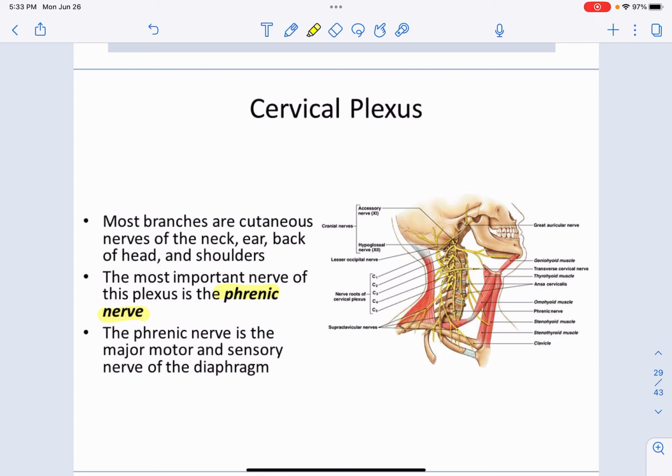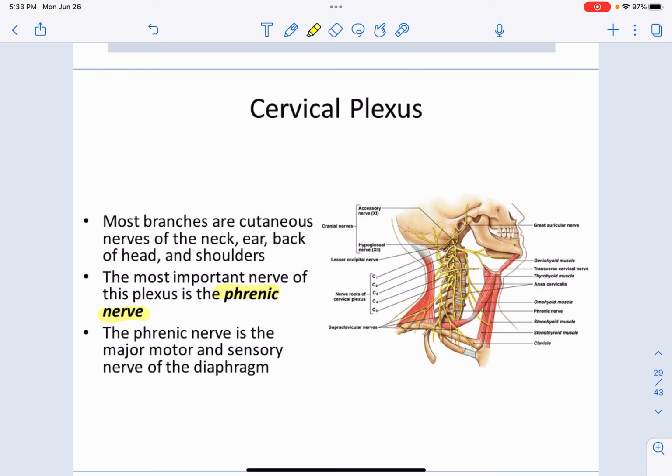And the phrenic nerve is important because it is a major motor and sensory nerve of the diaphragm. So if you damage the phrenic nerve, then you would not be able to breathe because the diaphragm is essential for respiration.